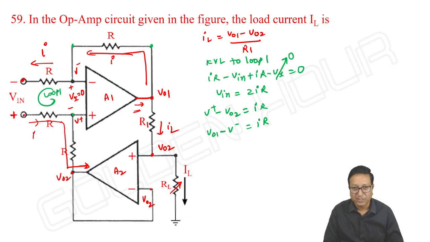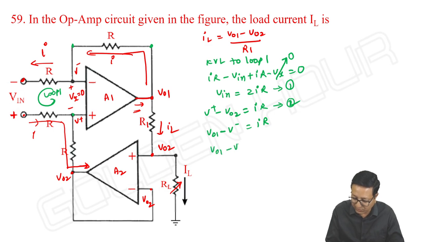So let me take this as equation 1, this is 2, and VO1 minus V plus is equal to I into R as equation 3.